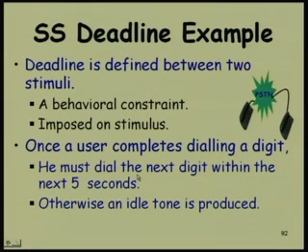Now, the 5th digit must be dialed within the next 5 seconds. If it is delayed more than 5 seconds, then he has missed the deadline, there is a deadline constraint violation, and then an idle tone will be produced. The event could not be produced before 5 seconds. Is that okay? That is a deadline constraint example between two stimulus events.